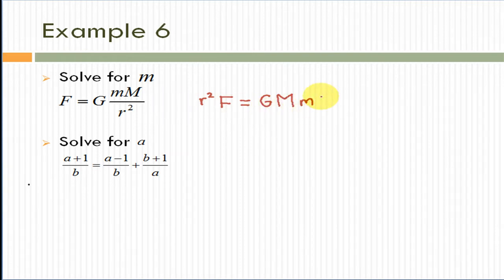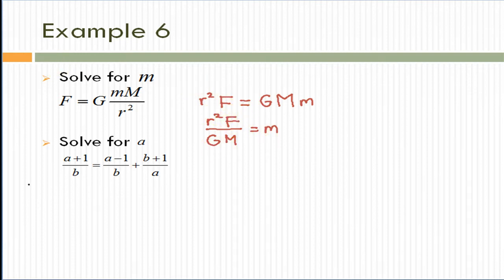Now to make this little m stay by itself, we need to get rid of this capital G capital M, and we can do that by dividing both sides with capital G capital M. So therefore, if we divide the left hand side by that, we have r squared capital F divided by capital G capital M equals little m. So here we can solve little m in terms of the other variables.